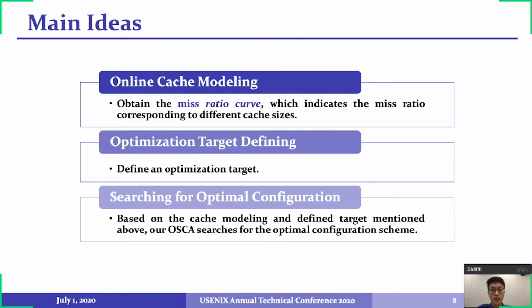Specifically, OSCA performs three steps. First, online cache modeling to obtain the miss ratio curve. Then define the optimization target. And finally, searching for the optimal configuration.